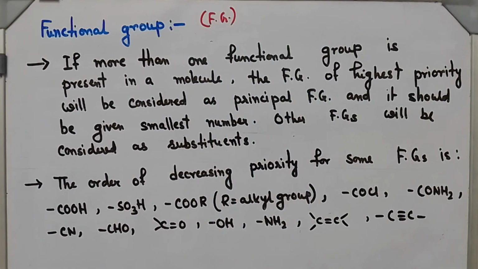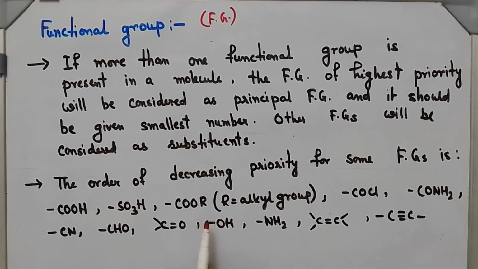Now the order of decreasing priority of some functional groups is: carboxylic acid, having highest priority, then sulfonic acid, after that ester, COOR, where R means any alkyl group, like methyl CH3, ethyl C2H5.